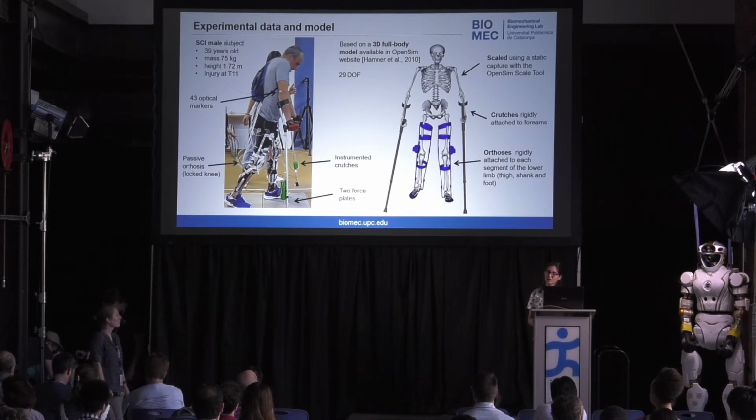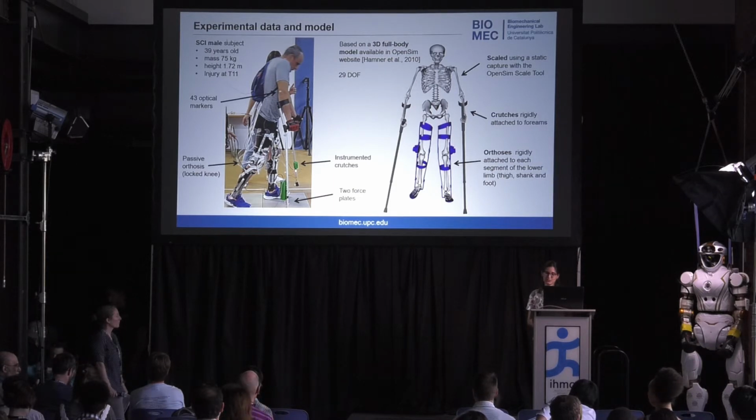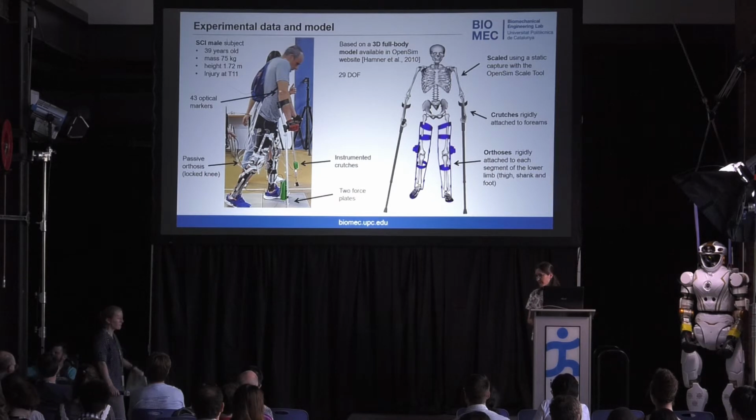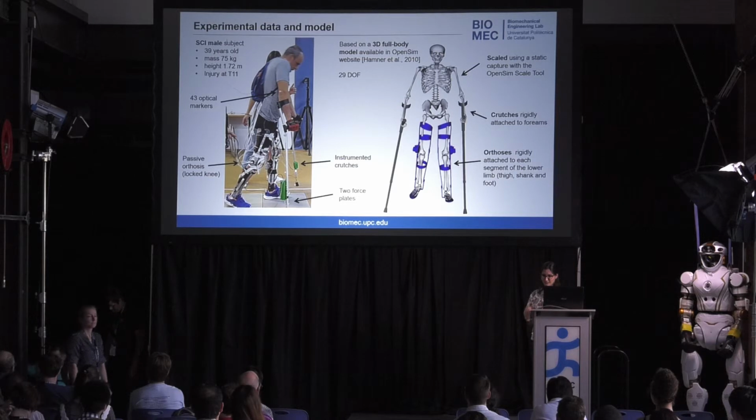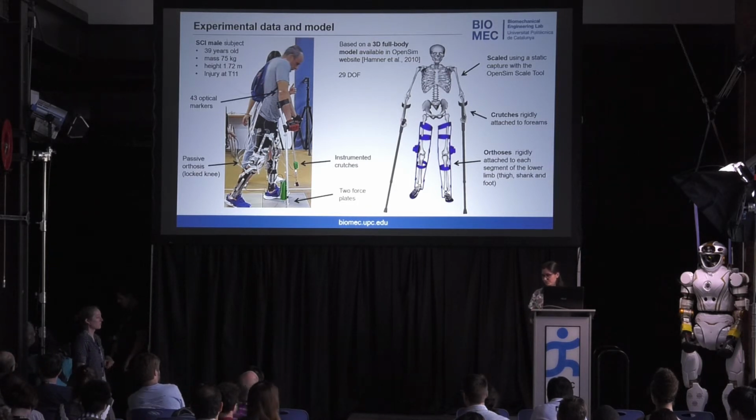Okay, so now, at this stage of the work, we are not modeling the actuation of the orthoses. So now we are assuming that the orthosis is rigidly attached to the patient. And then since the patient cannot do anything at the knee and ankle level, we assume that all the torque at the knee comes from the motor, but we are not modeling the dynamic actuation of the motor at this moment. Okay, thank you.